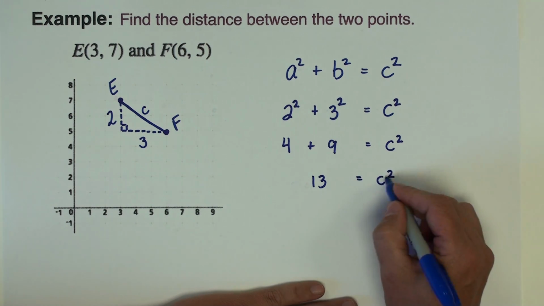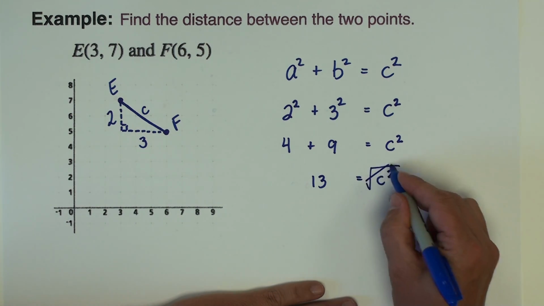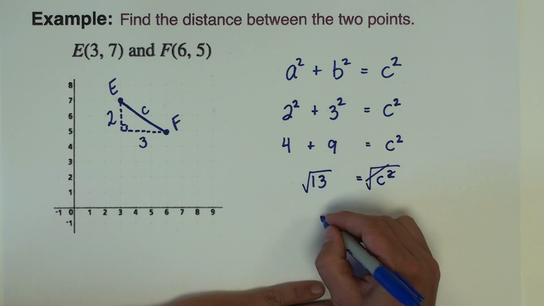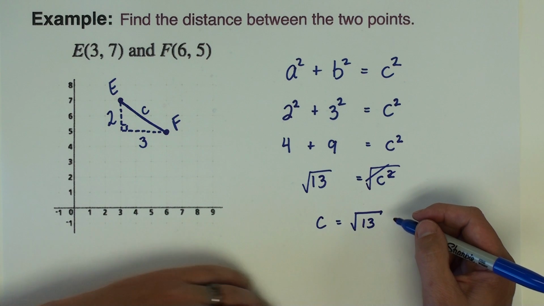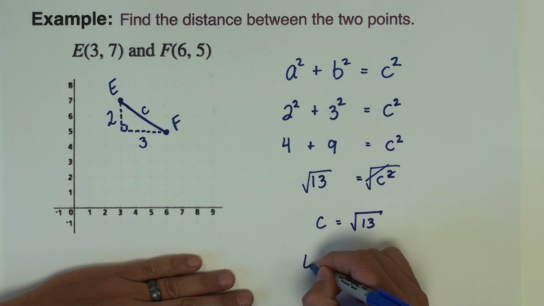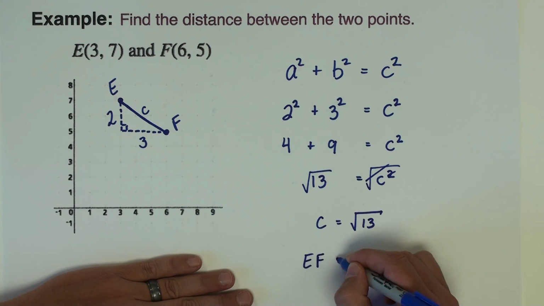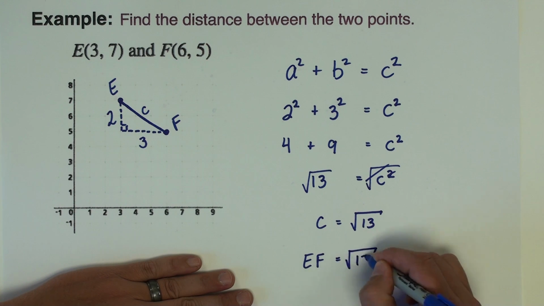And so to get rid of the square, we're going to square root both sides. And we've got c equals the square root of 13. And of course, c is the length of segment EF.